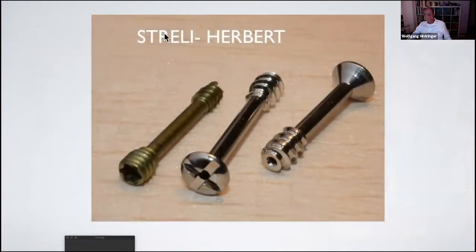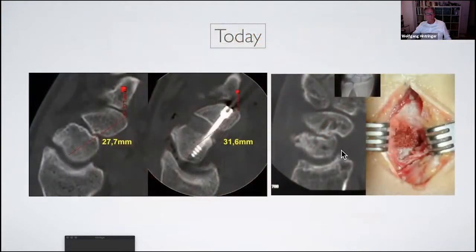You see here the difference between the Herbert screw with 2 threads, and the Straley screw was a little bit bigger, and disappeared from the market.